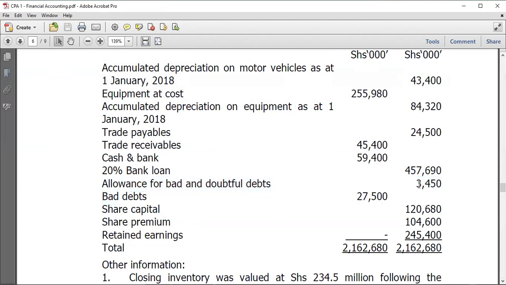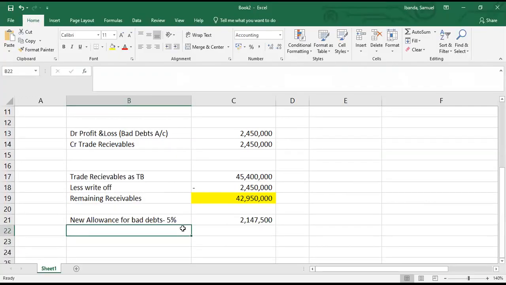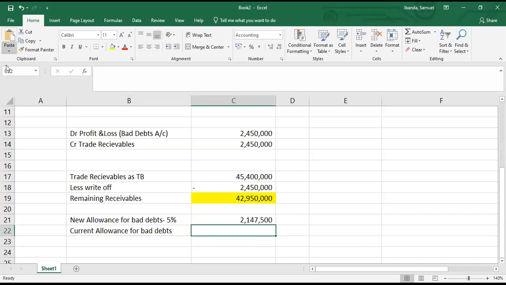So this we need to write it. Let's say current or old allowance for bad debts is 3,450. I'll add my 3 zeros to be at that value.